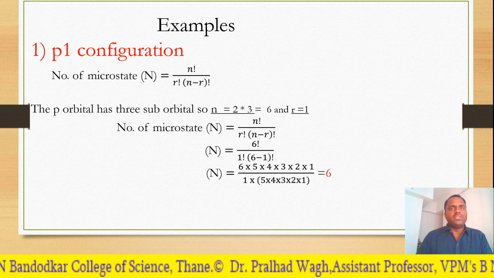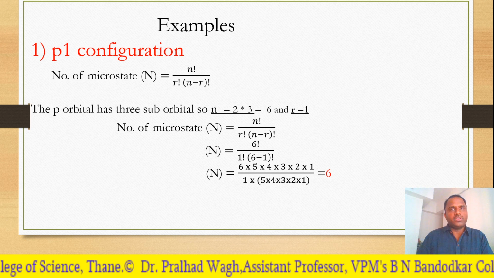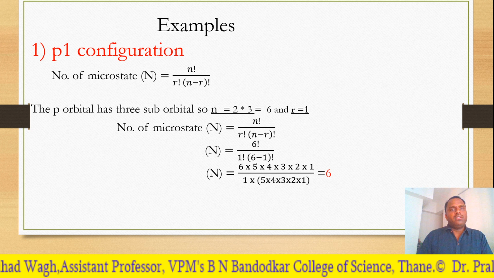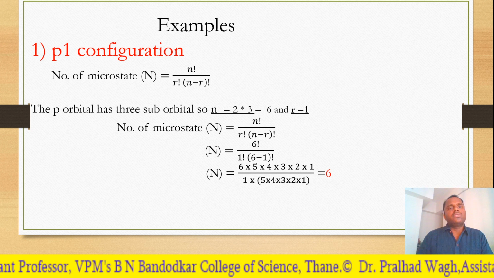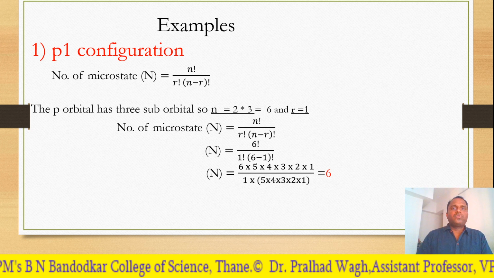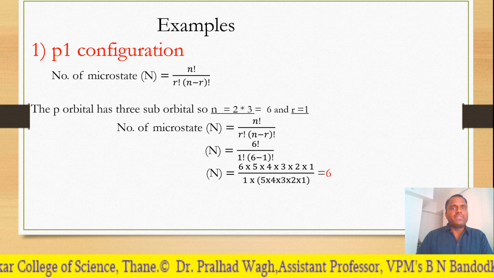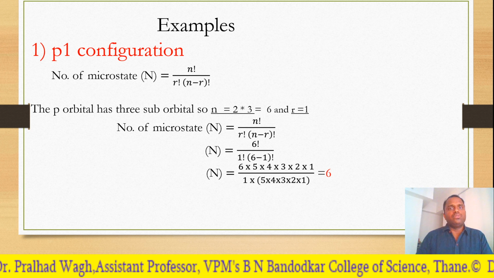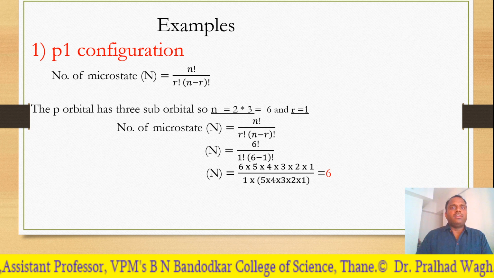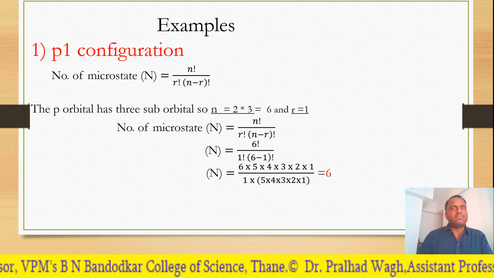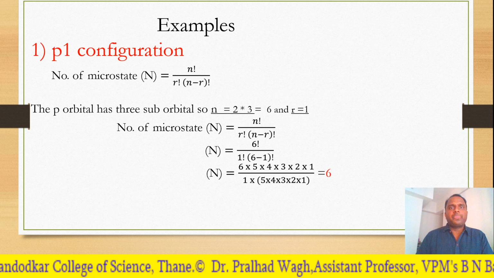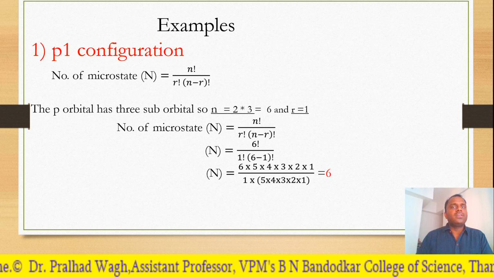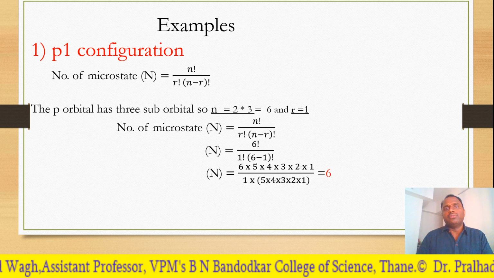By placing these values in the formula, we get 6 factorial divided by 1 factorial into (6 minus 1) factorial. This 6 factorial can be split as 6 into 5 into 4 into 3 into 2 into 1, the denominator 1 factorial remains as it is, and 6 minus 1 factorial becomes 5 factorial, which can be split as 5 into 4 into 3 into 2 into 1.